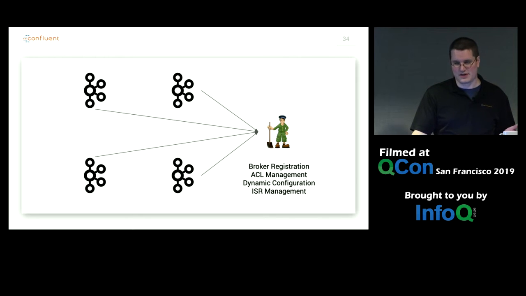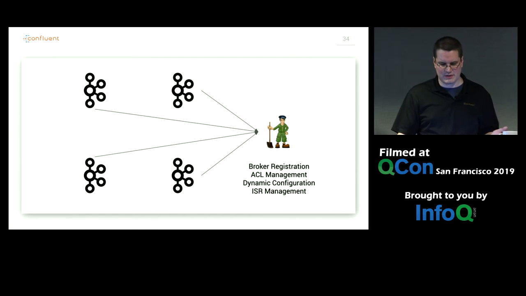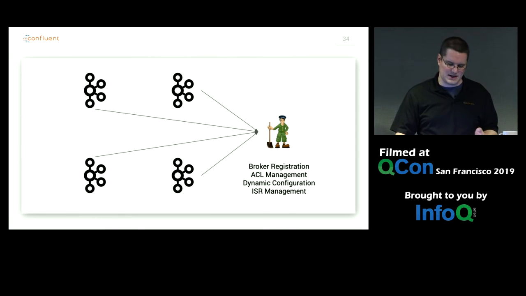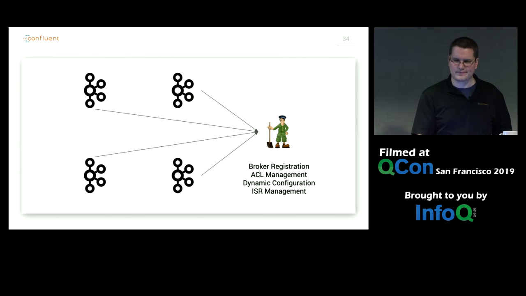Obviously, we have to manage ACLs. We have to know about what they are. We have this concept of dynamic configuration, which is basically configurations that you can change over time in a managed way and have them changed at runtime. We also have this thing called the ISR, which is basically the in-sync replica set, and this has to do with how we do replication. So this is all metadata that we need to worry about.